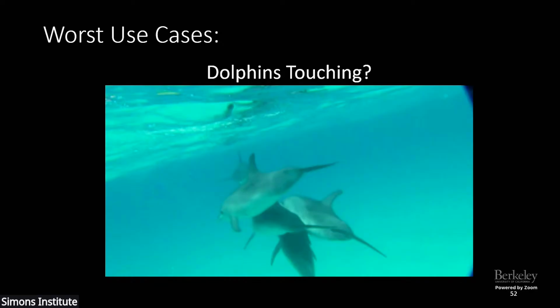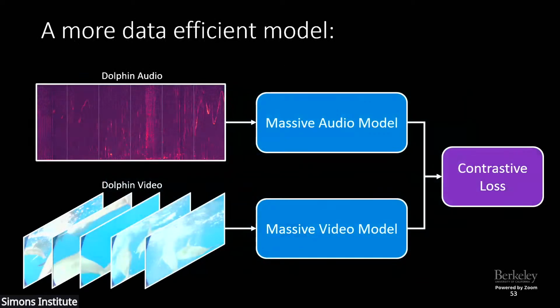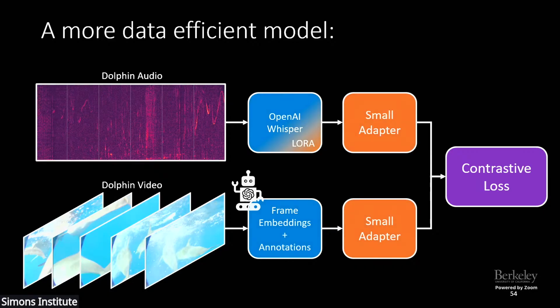And I'm sure I could make a whole PowerPoint on the limitations of this kind of thing, but it's a first guess. It can at least provide a reproducible, unified approach that's testable and very quickly done. And so now, if we come back to our architecture, we can make it a little bit simpler by, A, using nice pre-trained models, and B, adding in some of these annotations alongside the frame embeddings.